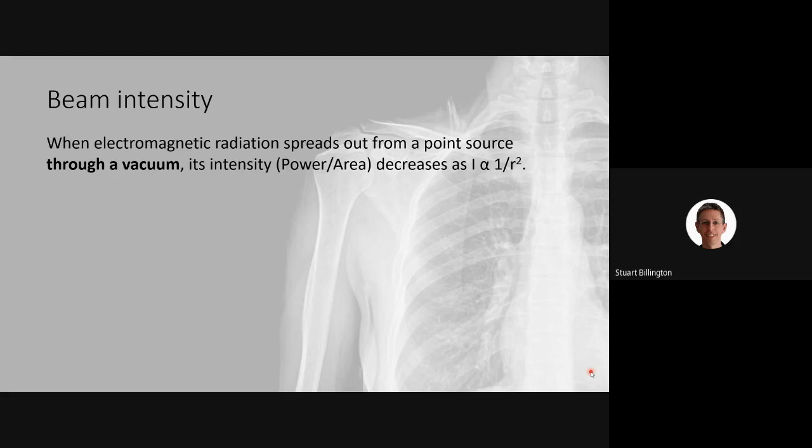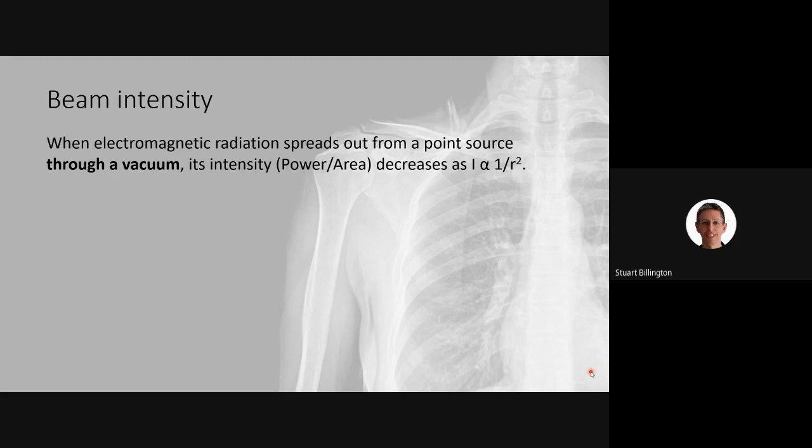And because the radiation is spreading from a point source uniformly in all directions, it's covering the surface of a sphere, and the area of a sphere is 4 pi r squared. So the area will be going up with r squared, r being the distance from the point source, and therefore the intensity will be going down as r squared. So that should be familiar to you from the waves topic.